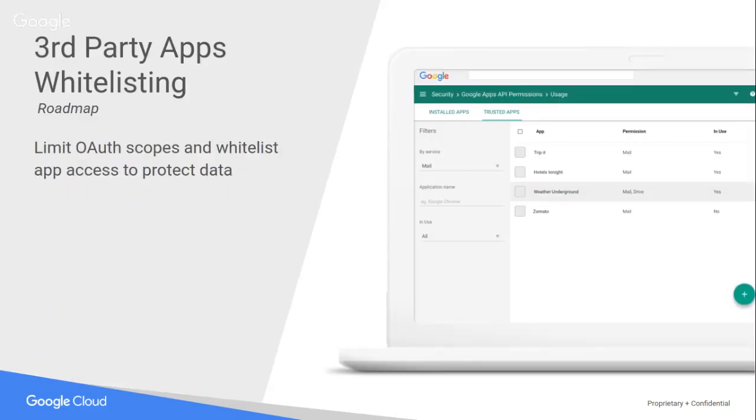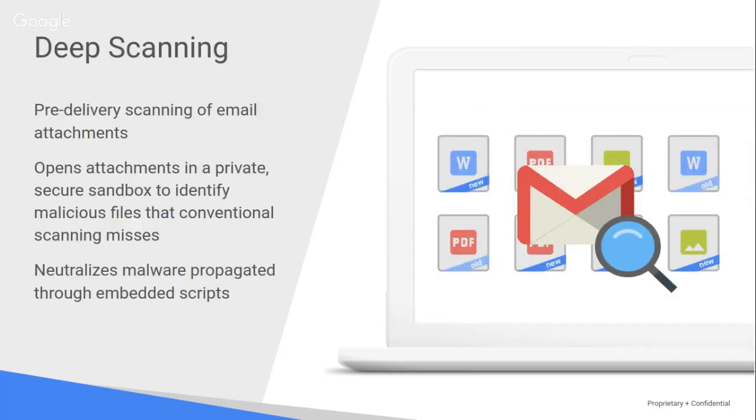Whitelisting, I'm going to skip, because we've already discussed how we could use whitelisting for our business advantage and to increase collaboration with the teams we work with. Deep scanning, I'm going to skip this as well, because we have discussed it in detail in the previous slide where we spoke about security.